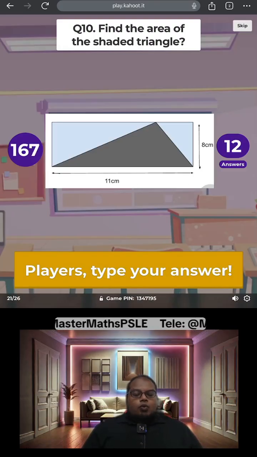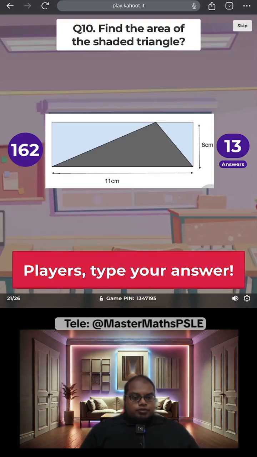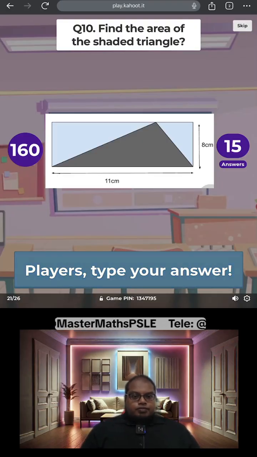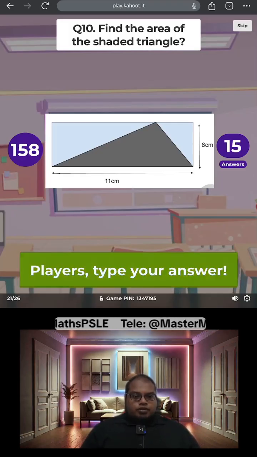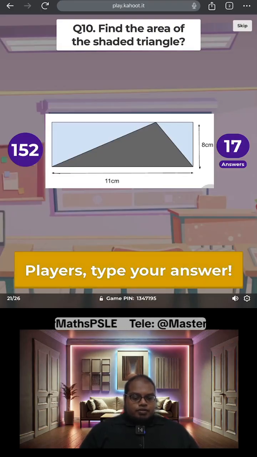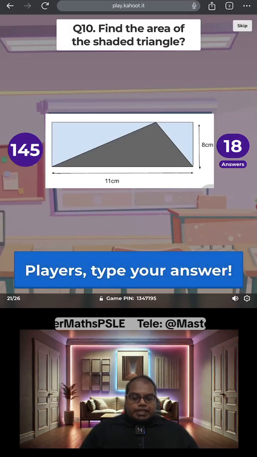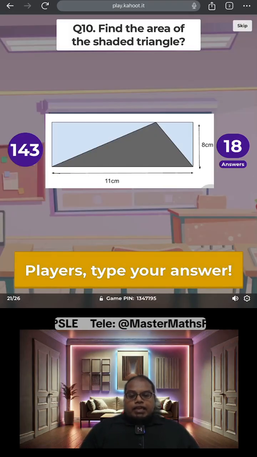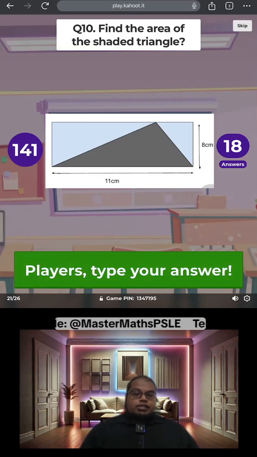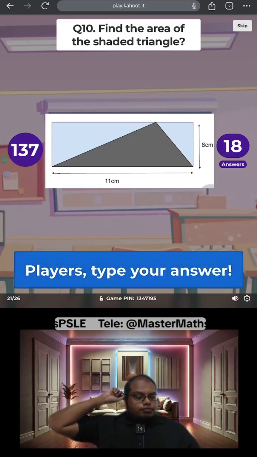So we need to find what is the area of that shaded triangle. The length and breadth of the rectangle is 11 cm and 8 cm. And again, this is an area question, so you have to put cm2.